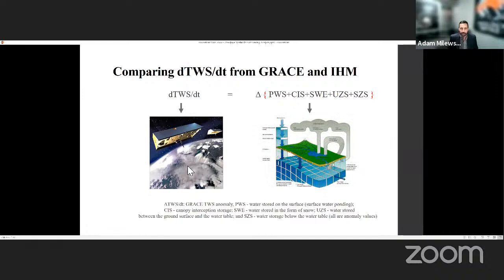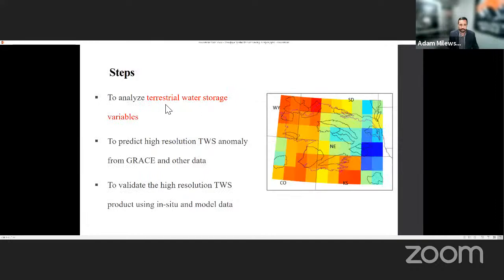We take our GRACE-based analysis, then combine and create an integrated hydrologic model, a surface groundwater model using field data sets. We developed a model in MIKE SHE, and then disaggregated the signal using a hydrologic model. We analyze our water storage variables, predict high resolution anomalies from GRACE and other data sets, and then validate it using in situ and model data.